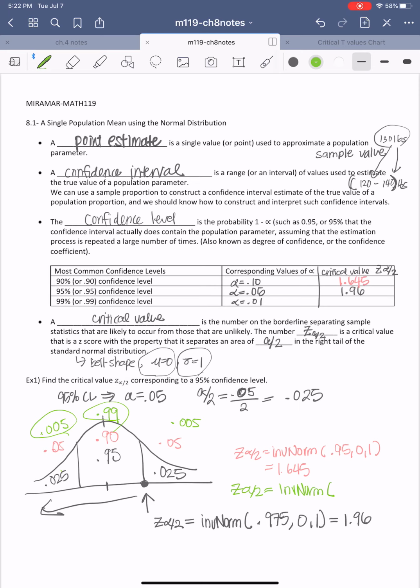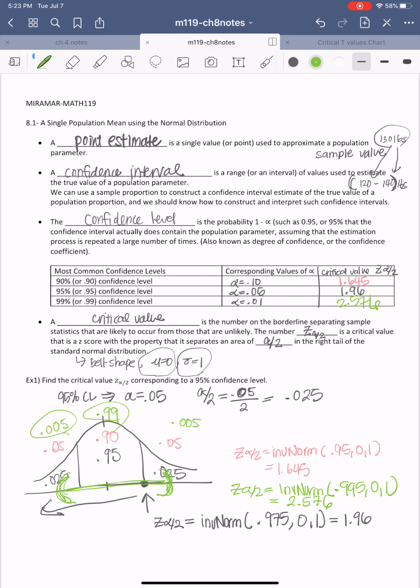I have 0.995, 0, 1. Put it on the calculator. I'm getting the z-score of 2.576. You can see that as we grab more area, your value will get bigger. Remember, this was 1.96. 2.5 is here, so your range is getting bigger. So you're grabbing more numbers, so you have more accuracy because your interval is a larger range.